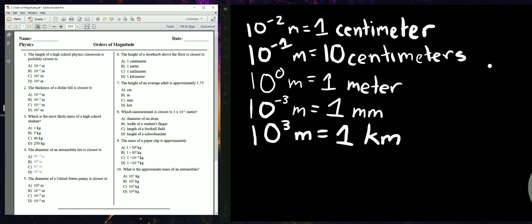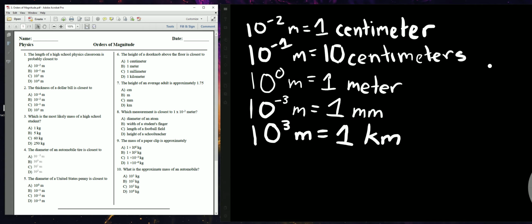Number two, the thickness of a dollar bill is closest to what? To give you a reference for how much a centimeter is, I would say the diameter of a penny would be around 1 centimeter. So 10 to the negative 2 would be the diameter of a penny.